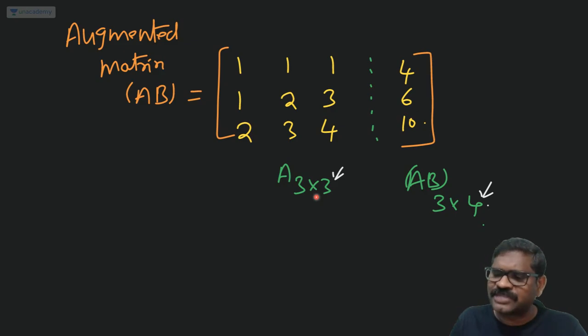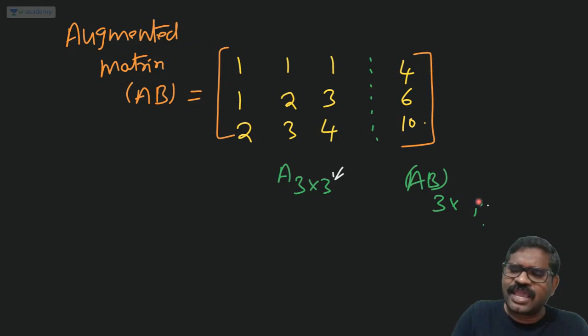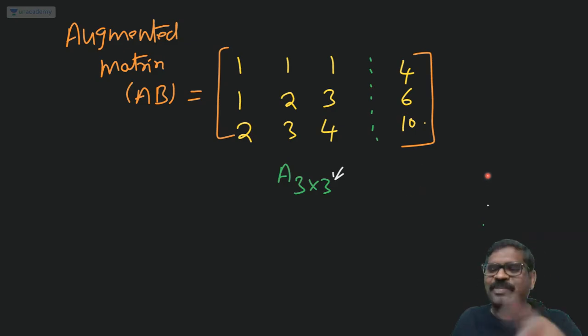Augmented matrix means augmented matrix only. That is the name of the matrix. A and B combined, we write in one matrix. That matrix is called the augmented matrix.